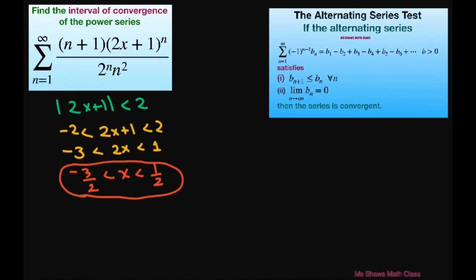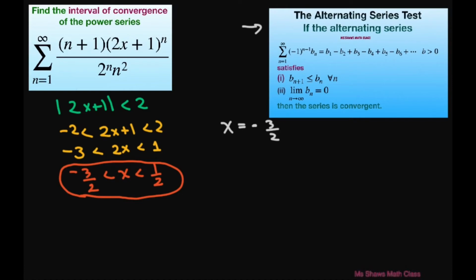We have to test the endpoints to see if they equal negative 3 over 2 and 1 half, or they don't actually equal it. So we're going to test first for x equals negative 3 divided by 2. And we're going to use the alternating series test.